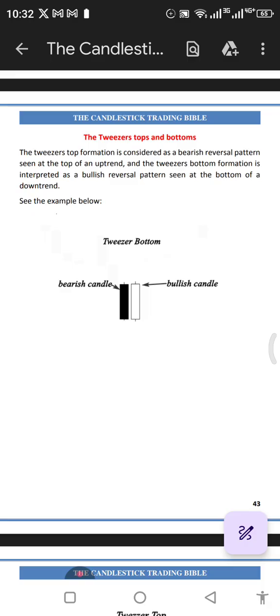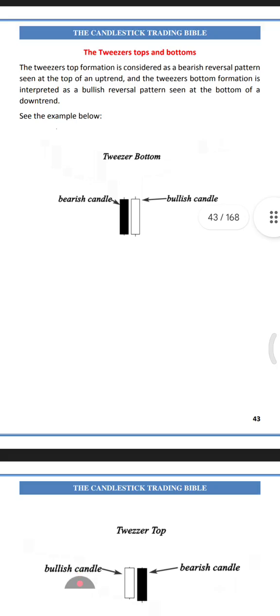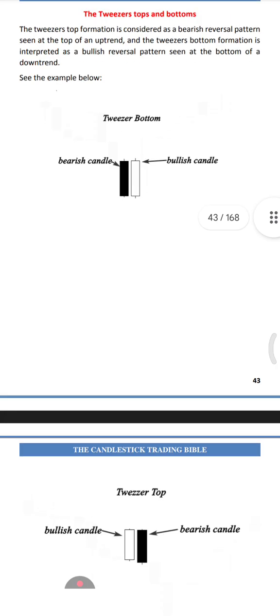So what happened was that the sellers moved the price at a particular time interval, from the opening price to the closing price, and then the buyers took up from the closing price of the sellers at that time, and bought all the way and moved the price to where the market opened at the previous candle.